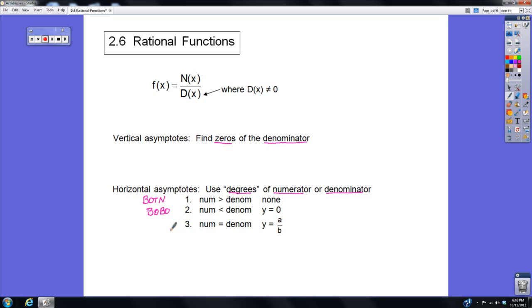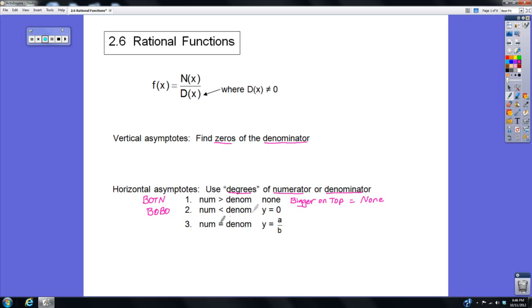B-O-T-N stands for bigger on top equals none. Botan, bigger on top equals none. Bigger degree on the top, none.